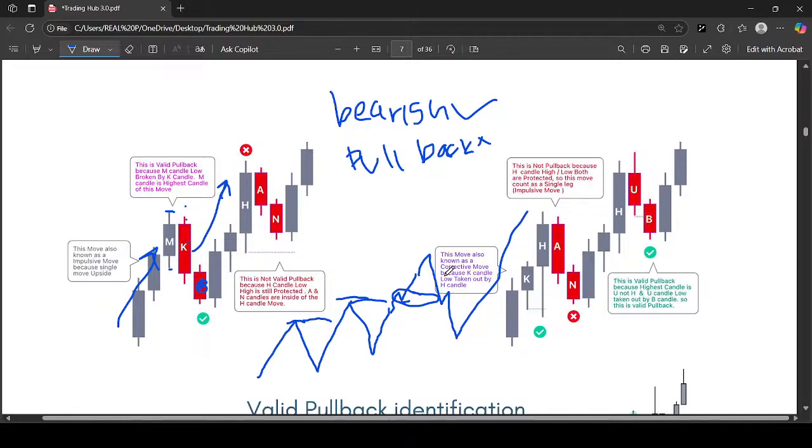Now, one thing you should know as traders is that for you to take a trade at any point, there must be a landmark at that point. You don't just take trades at any point you like. As a trader, you cannot be looking for sells along the impulsive move.